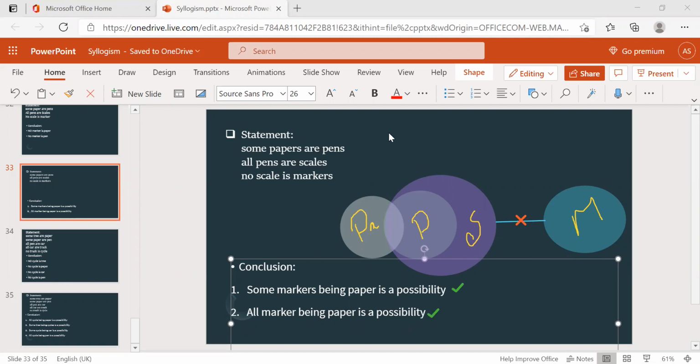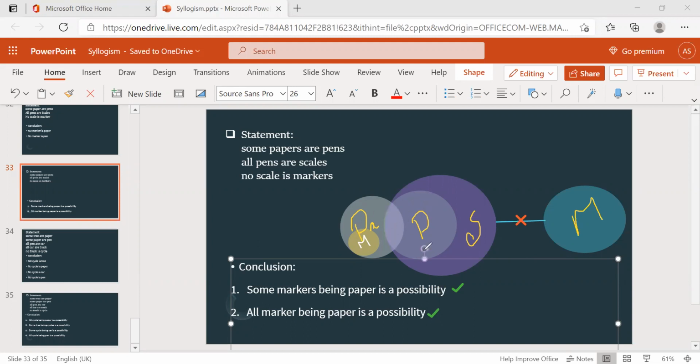Why? I'll write this in another diagram. I will show it now for your understanding. See, here is a paper, right? Here is a marker. What they're saying, the marker and scale don't have a connection. Suppose I write like this. Suppose this is a marker. Now the condition is satisfied, right?